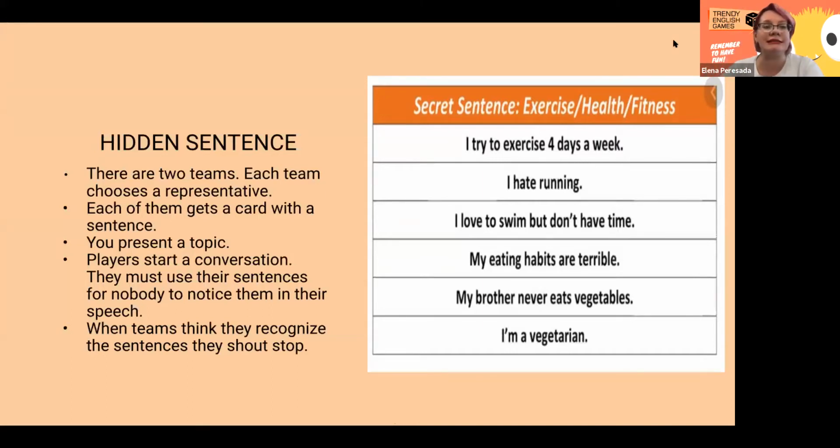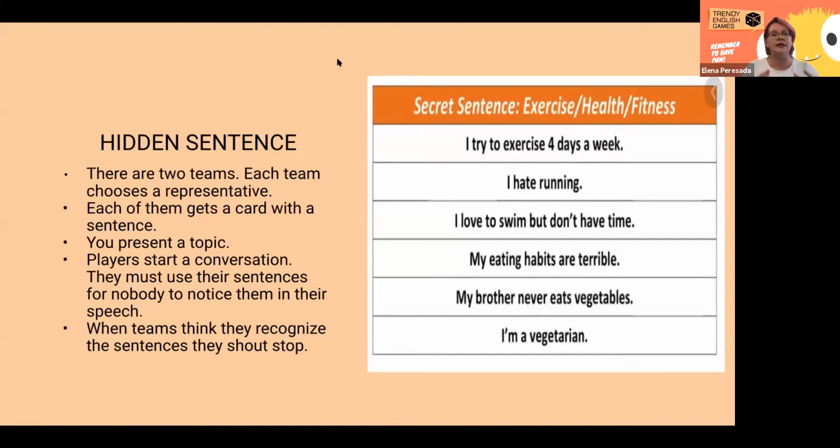Here on the slide, you can see some examples. For example, I say that the topic of your conversation is exercise, health, fitness. I can give one student the sentence, my eating habits are terrible, and another student will get the sentence, I hate running.